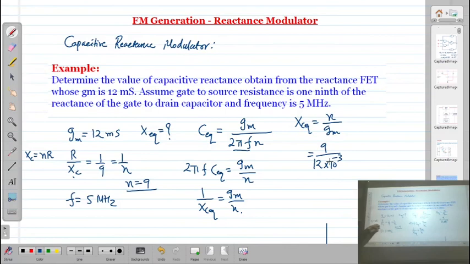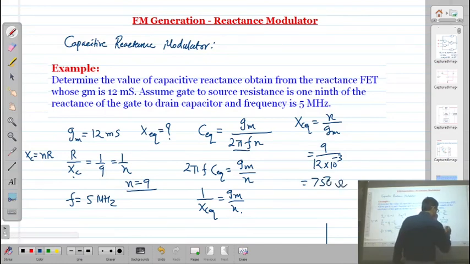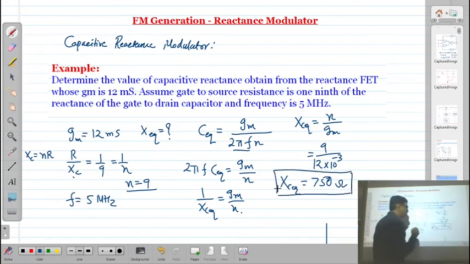Because it is millisiemens, and this comes out to be 750 ohm. So this is the answer of your example.